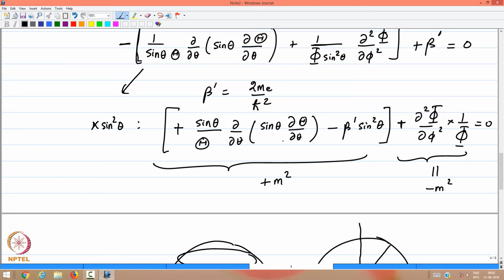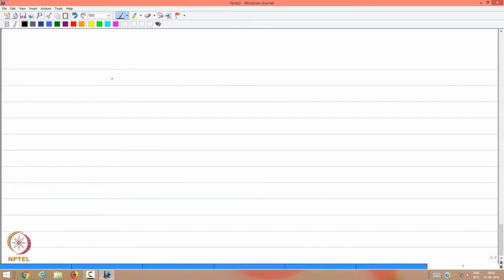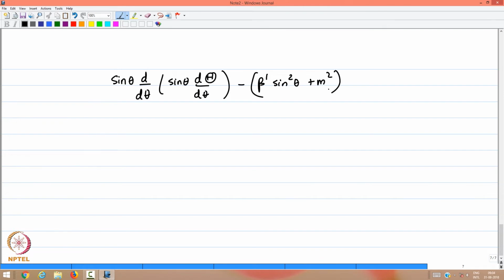But then that is part of the angular theta equation, and therefore the equation that we now want to solve in this lecture, of course in detail, can be written in its final form in the theta variable as sin theta d by d theta of sin theta d theta by d theta minus beta prime sin square theta plus m square theta is equal to 0. The partial derivative goes away because the function is only a function of theta. Okay.